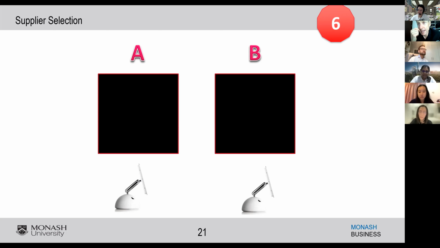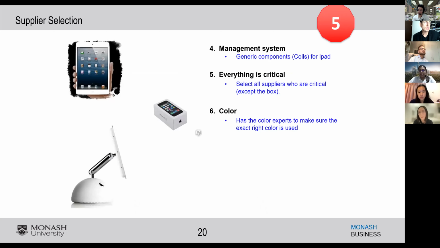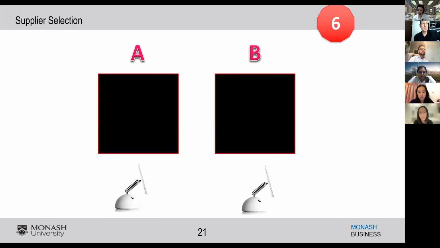Okay. So Bayer went to Apple and said, we want to supply the white paint for the new Apple computer. And so they submitted their test sample of white exactly to the specifications of what Apple required of white.